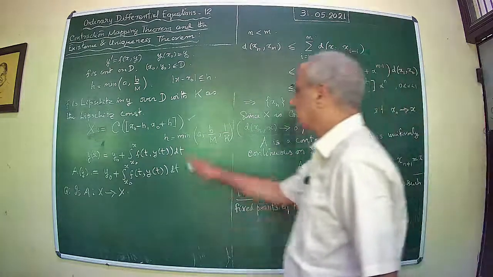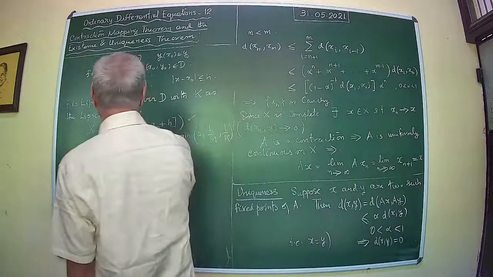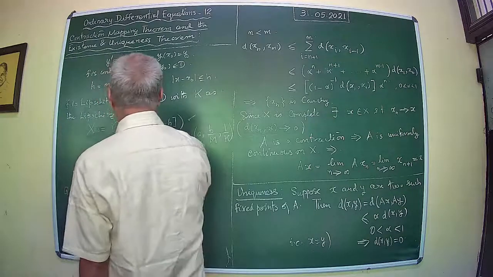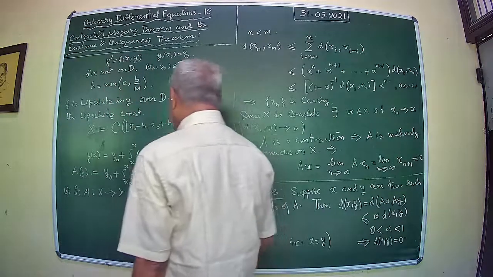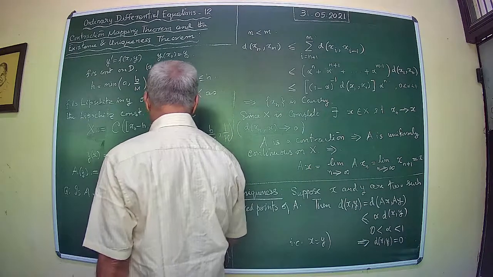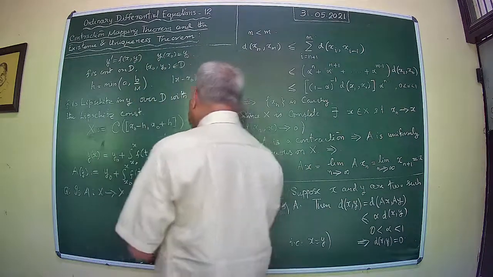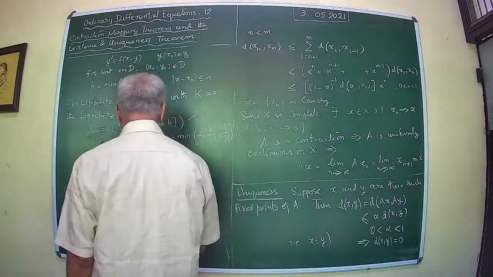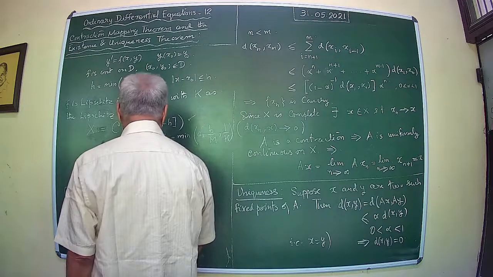Okay, you want this to be a metric space. What is d on? You take this as a normed linear space.